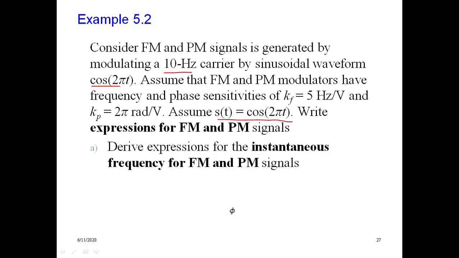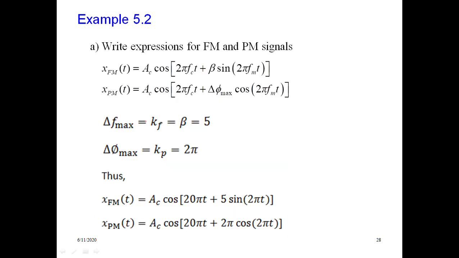The phase and frequency sensitivity is 5 hertz and also 2 pi radian per second. Right now be careful because the ST is in terms of cos 2 pi t, right? The first one you have to derive is the instantaneous frequency for PM and FM signal.